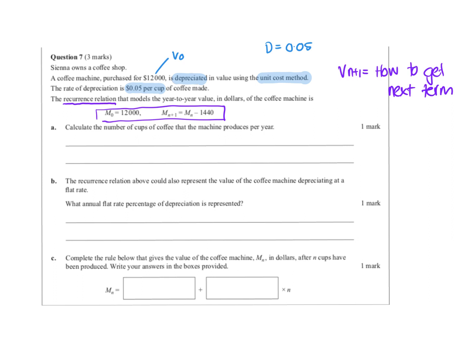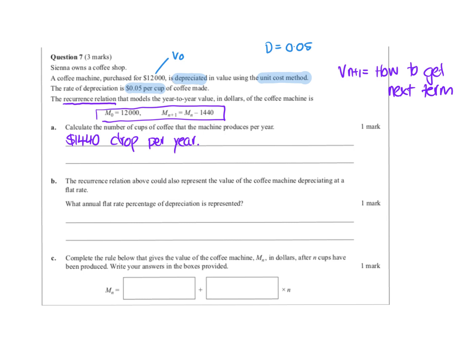All right, so it said calculate the number of coffee that the machine produces per year. So they said it was unit cost. So if you can see, we're saying that it drops by 1,440 is the drop per year, yeah? But they said it's unit cost. So that means it dropped by so many coffee cup uses.